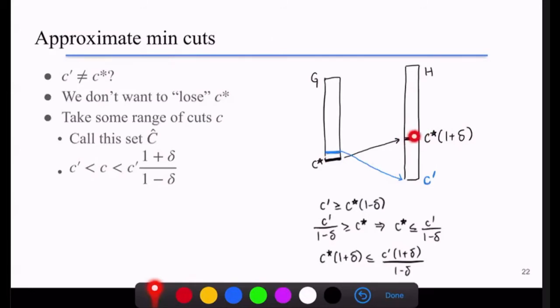And then we say that the max size of C star in H can only be so much more than C star. So if we combine those two bounds, we get this. It's just a bit of algebra. You can see it like here. But we don't know C star, right? We don't know C star. But we know that it can't get mapped too high in our sparsified graph H. Okay. Yep. Okay, sounds good.